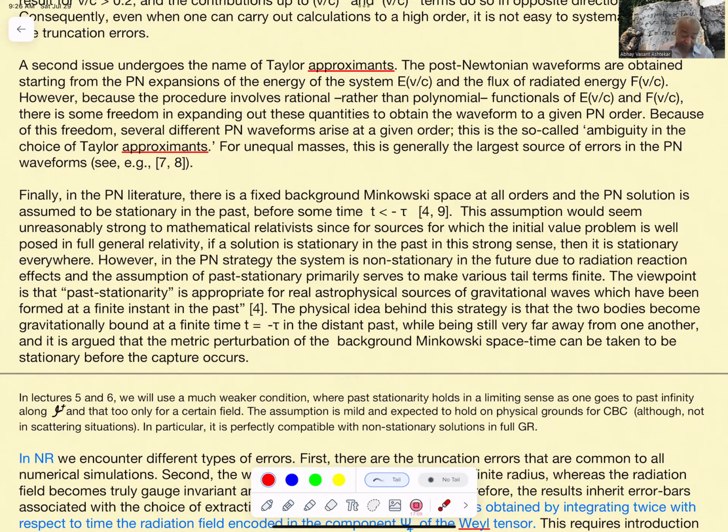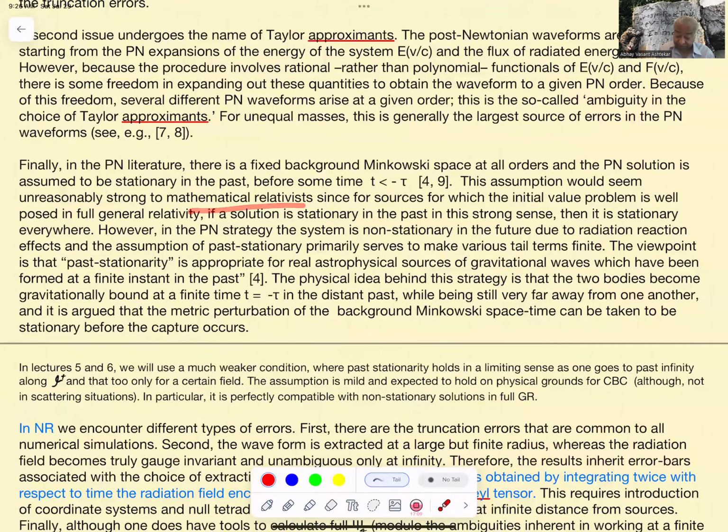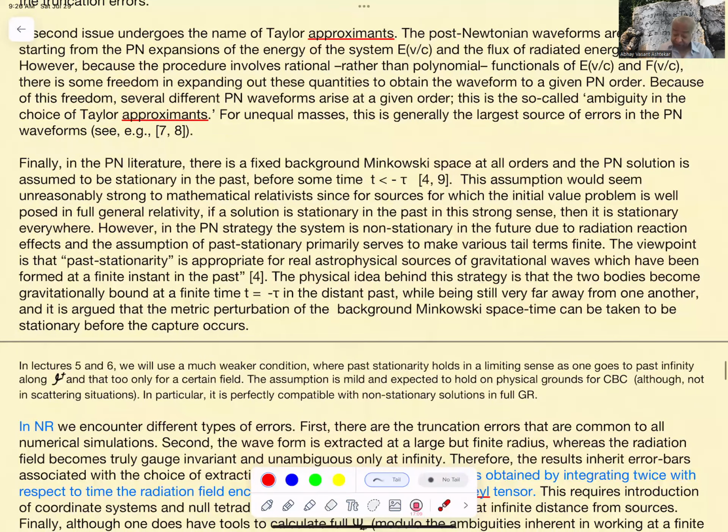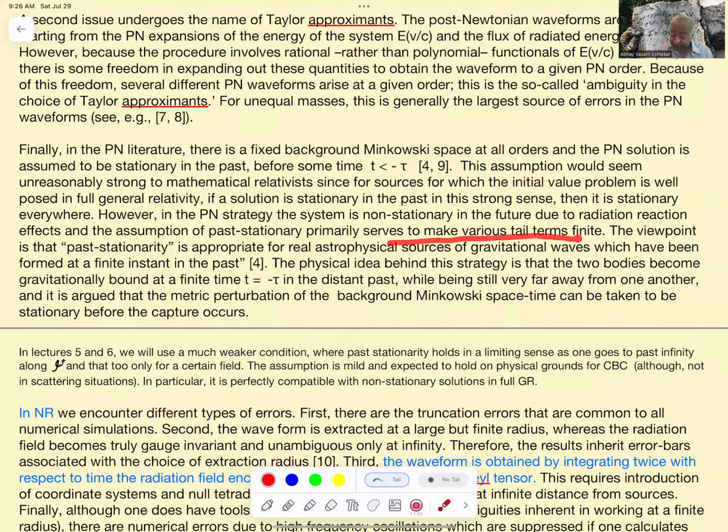This assumption would seem unreasonably strong to mathematical relativists, since for the sources for which the initial value problem is well posed in general relativity, if a solution is stationary in the past of a certain Cauchy surface, in the strong sense, then it is stationary everywhere. However, in the post-Newtonian strategy, the system is non-stationary in the future due to the radiation reaction effects, and the assumption of past stationarity serves to make various tail terms finite.